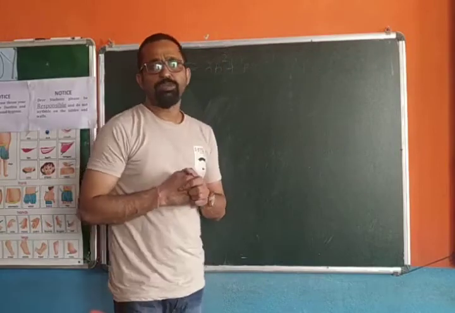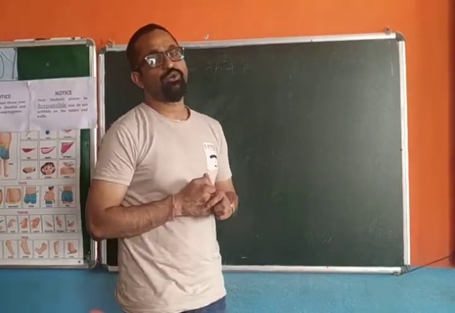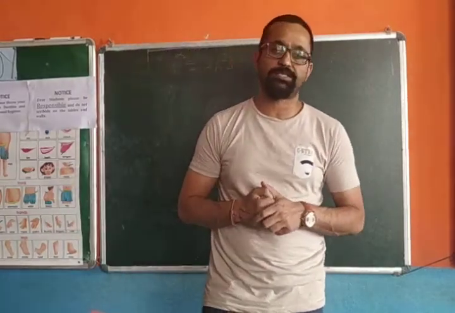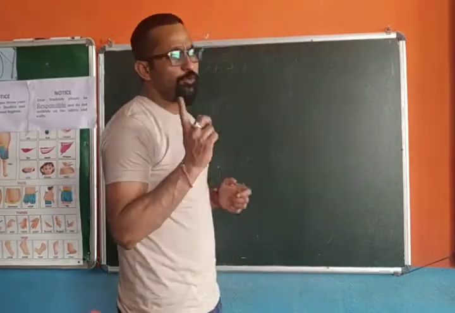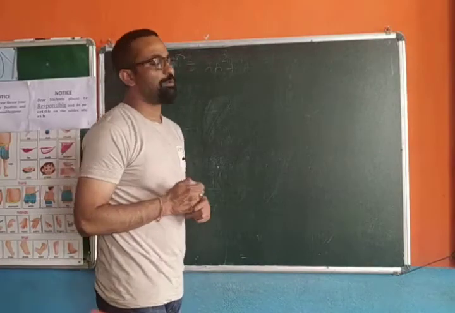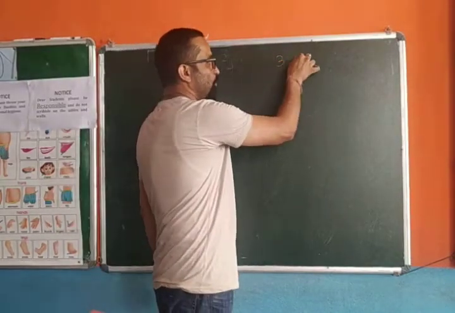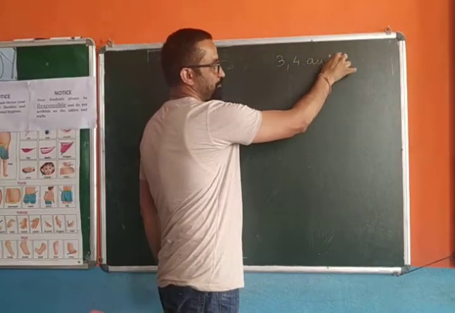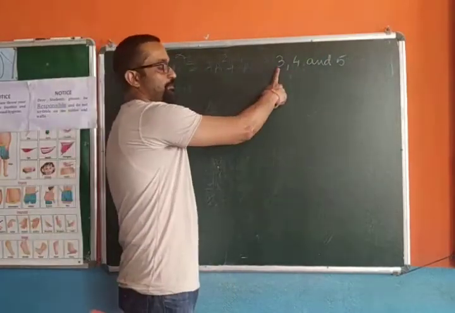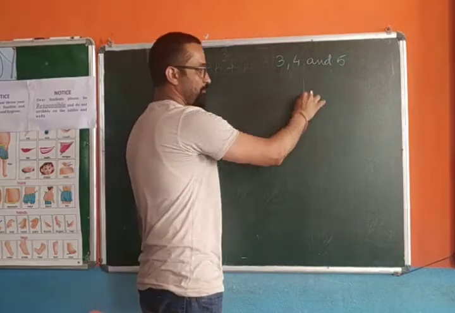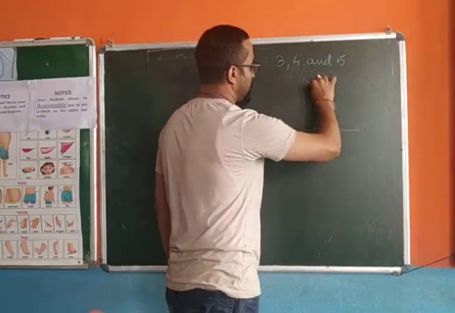You need to remember some terms, called Pythagorean triplets or triples. The first Pythagorean triple is 3, 4 and 5. You draw a right angle triangle.